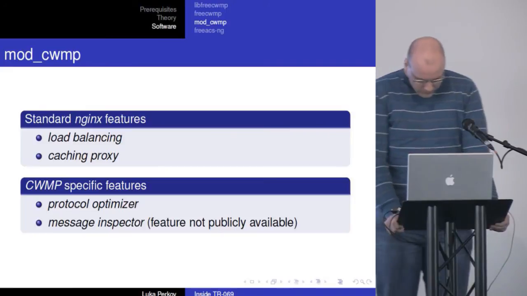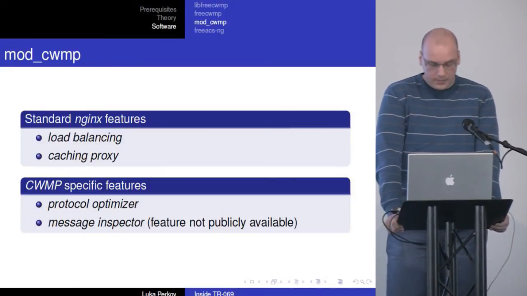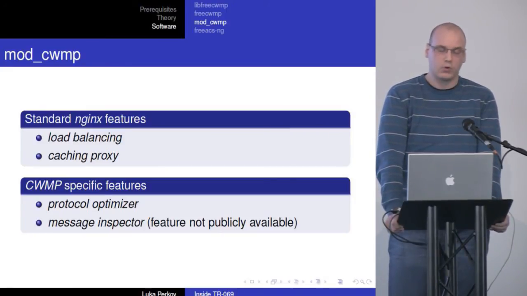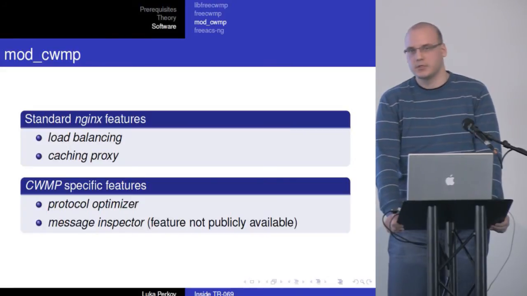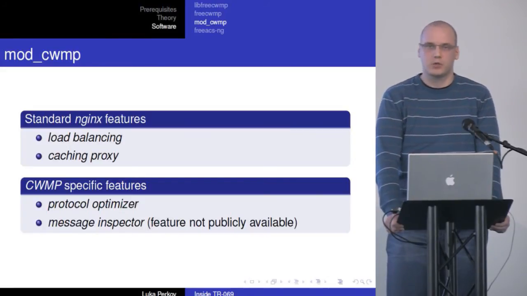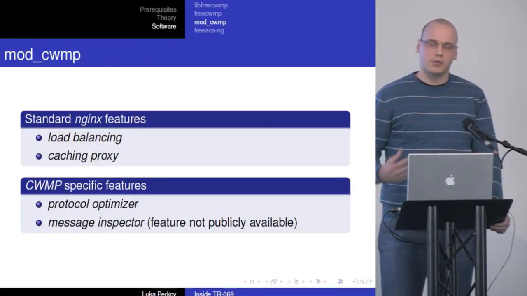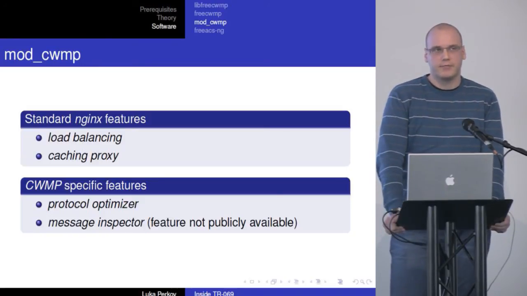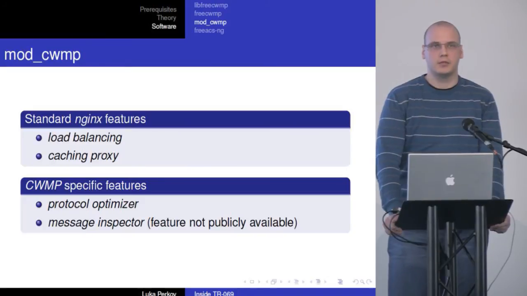Also, I made some features for CVMP that I call protocol optimizers. It can check if the CPE has sent a username and password, and if it didn't, it will reply to the CPE that it needs to send them, and won't send this Inform message back to the ACS.